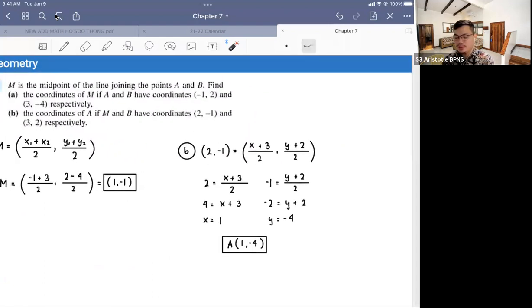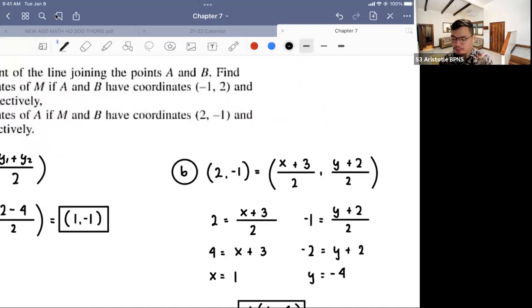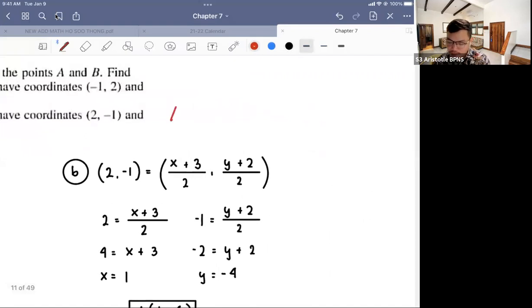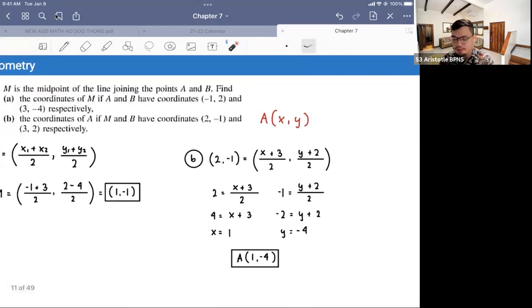So using the formula, point A is x and y, because we are trying to look for point A here. Maybe let me just write point A so you guys can see it. Okay, so applying the formula, x sub 1 plus x sub 2 divided by 2, and then y sub 1 plus y sub 2 divided by 2.